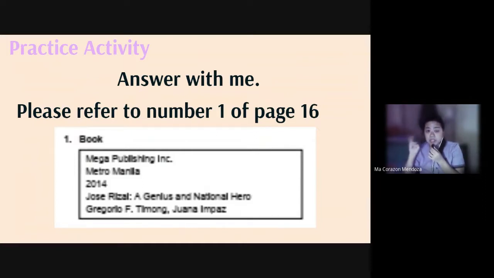Metro Manila is the place of publication. 2014 is the year of publication. How about Jose Rizal, a genius and national hero? Is he an author? No, this is the book title. Gregorio F. Timong and Juana Impas are the authors. How many authors do we have? We have 2.